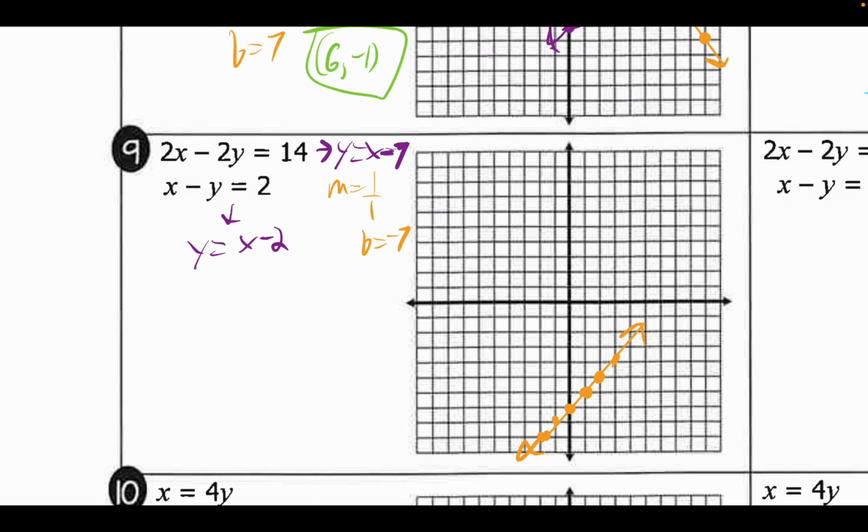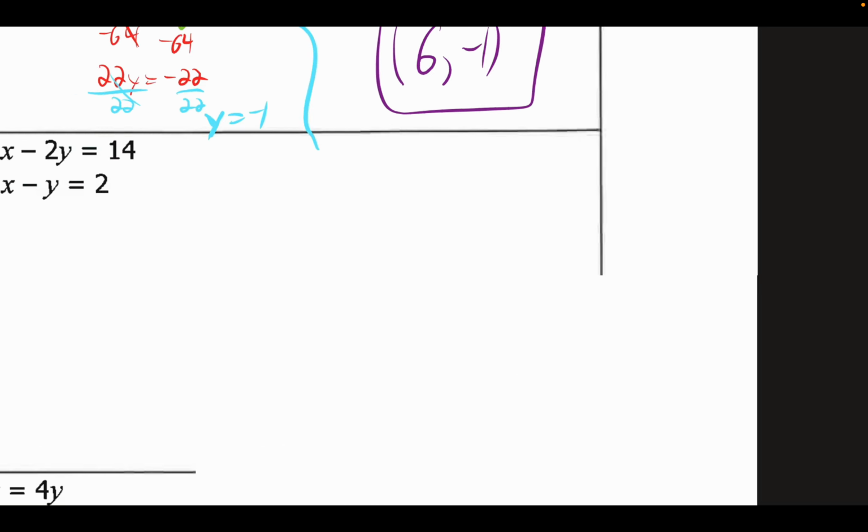Bottom equation has a slope of 1 over 1 again, and a y-intercept of -2. And since they have the same slope but different y-intercepts, these are in fact parallel, and thus have no solution. Which is what we'll see on the substitution portion of this problem.